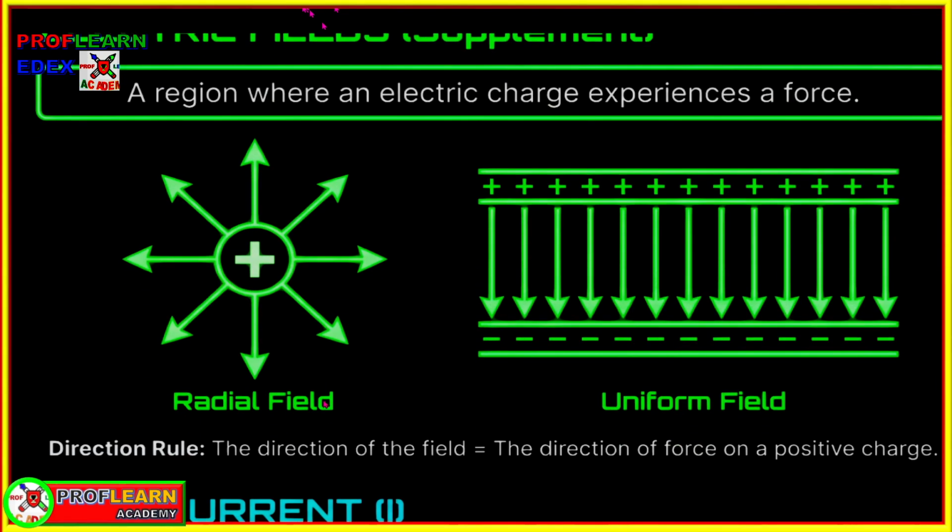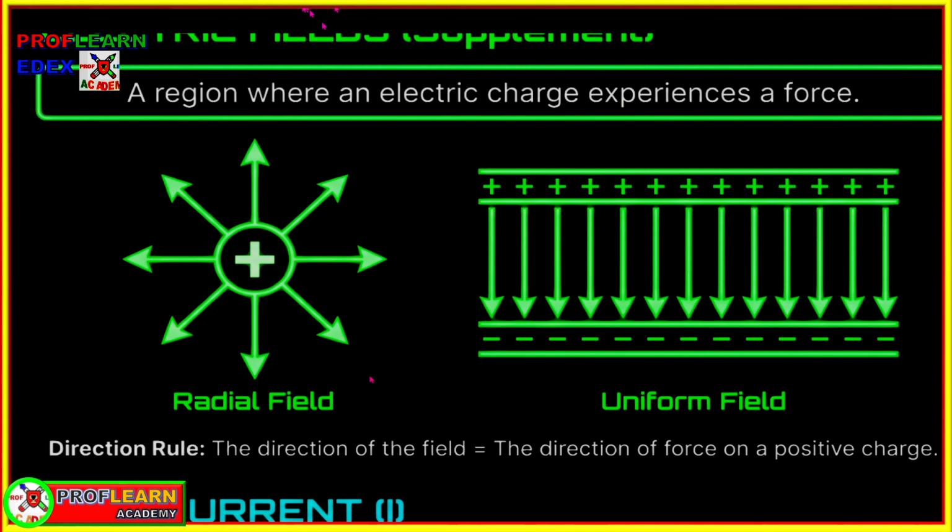You need to understand how to draw electric fields, and you need to know what we mean by electric field. An electric field is a region of space where an electric charge can experience a force. Usually the direction of the field points from the positive charge to the negative charge.